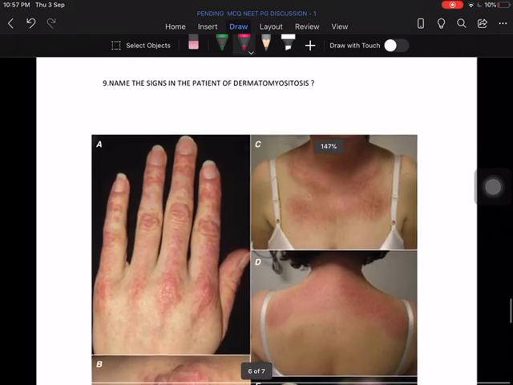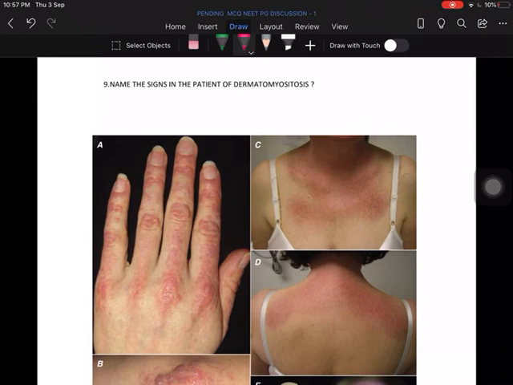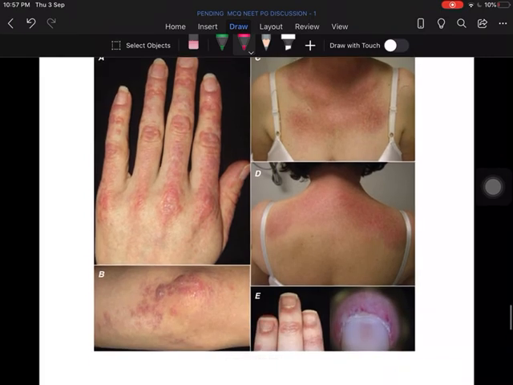Next, name the signs in the patient of dermatomyositis. What you see here are papules. These are known as Gottron papules, and their arrangement is also known as Gottron sign.